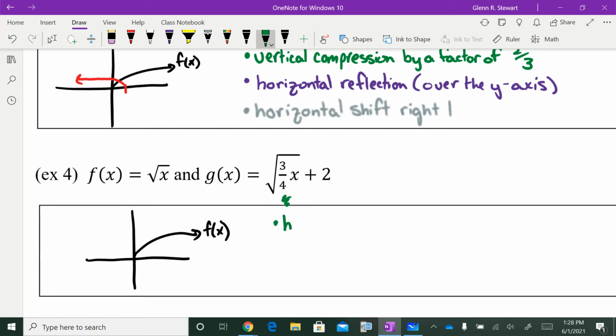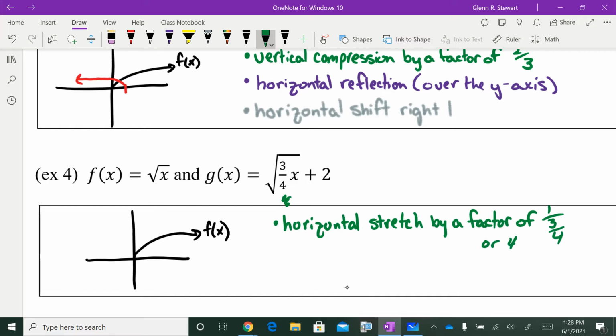This is going to be a horizontal stretch by a factor of, if we did this by the book, 1 over 3/4, which is really 4/3. I'm showing you this because a horizontal stretch and a vertical compression are very, very similar. It's just all depending on where you're pulling from.